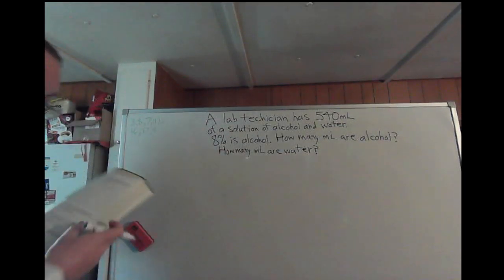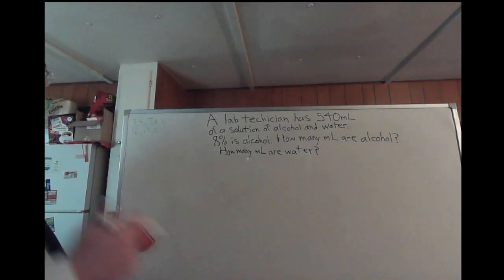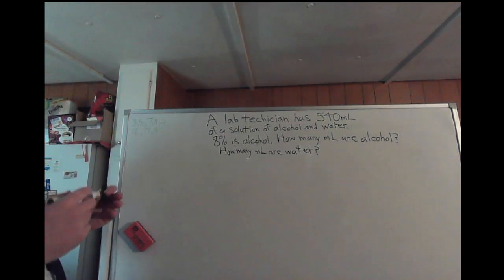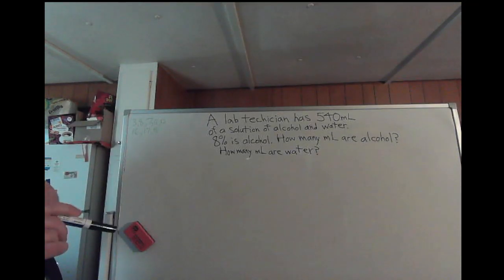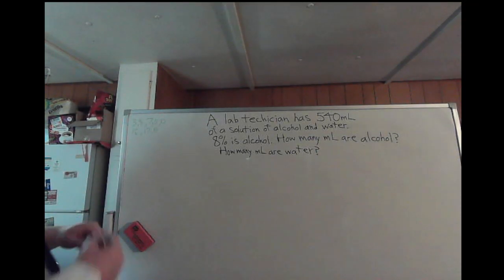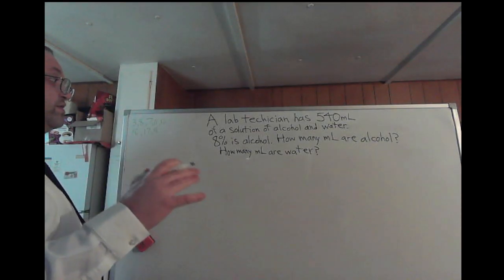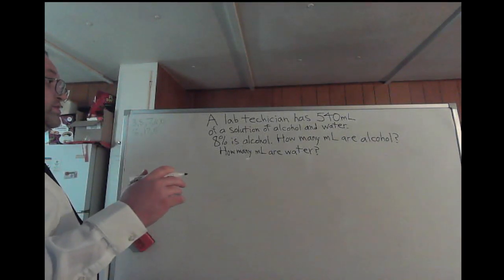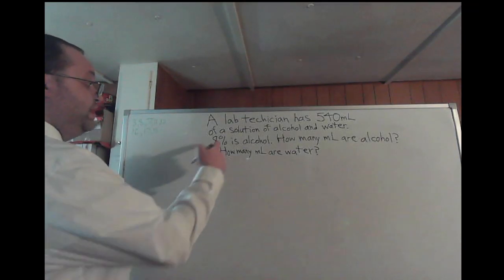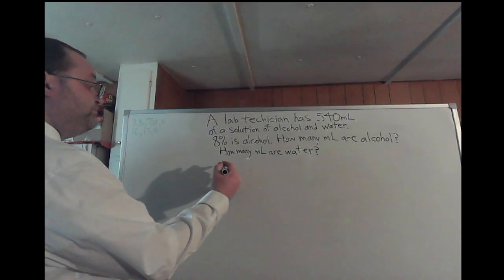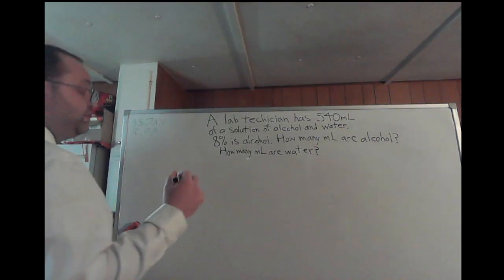All right. So a lab technician has 540 milliliters of a solution of alcohol and water. 8% of that solution is alcohol. How many milliliters are alcohol? How many milliliters are water? So they have a total of 540 milliliters of that mixture of alcohol and water. 8% is alcohol. We want to figure out how many milliliters are alcohol.